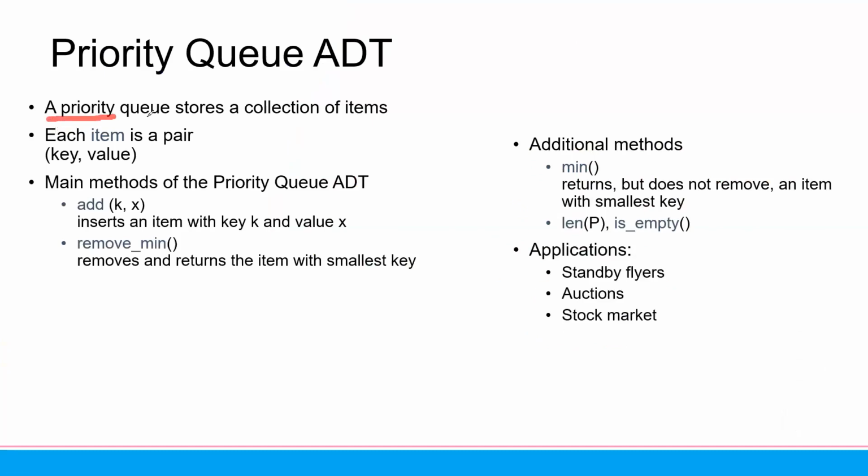So the priority queue stores a collection of items, and the item, we call it is a pair of K and V. K is key and V is value. So the main methods of the priority queue are add and remove.